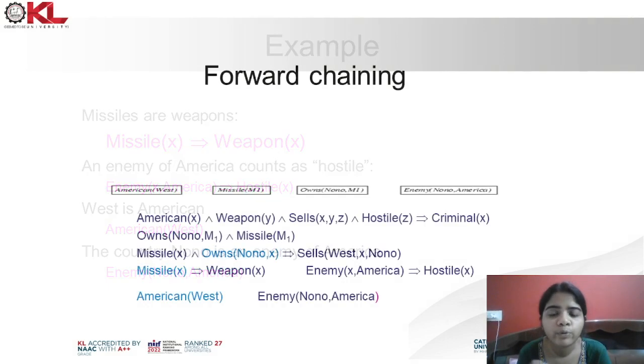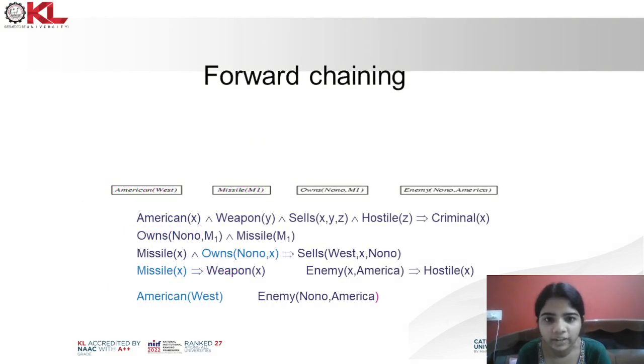Here we will prove it by forward chaining. First we consider American and weapon. An American who has weapons and sells these weapons to the hostile will become a criminal. NATO owns the missiles, and the missiles owned by NATO are being sold by West, who is basically an American.